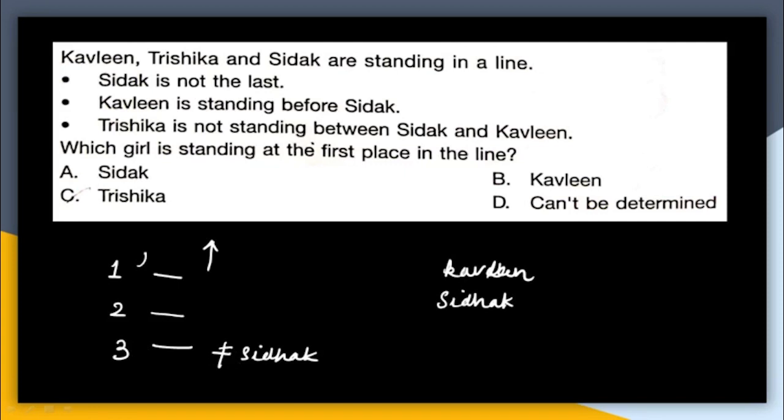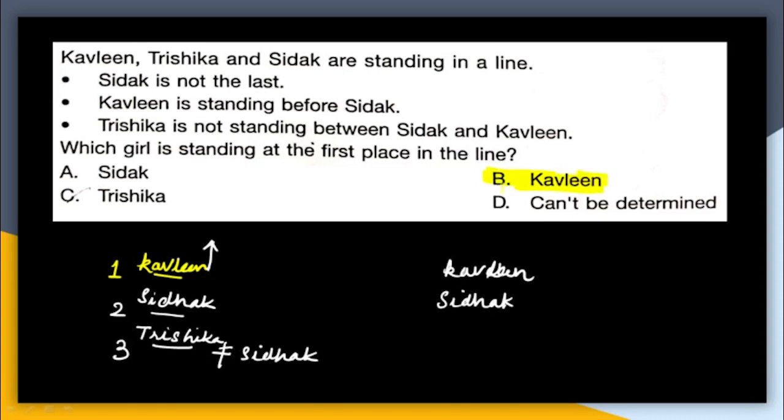This has to be Kavleen and this has to be Siddhak. And who is left now? Trishika is left. Trishika will be here. This will be our arrangement. Now what is the question? Which girl is standing at the first place in the line? Obviously it's Kavleen. So your correct answer here is option B, Kavleen.